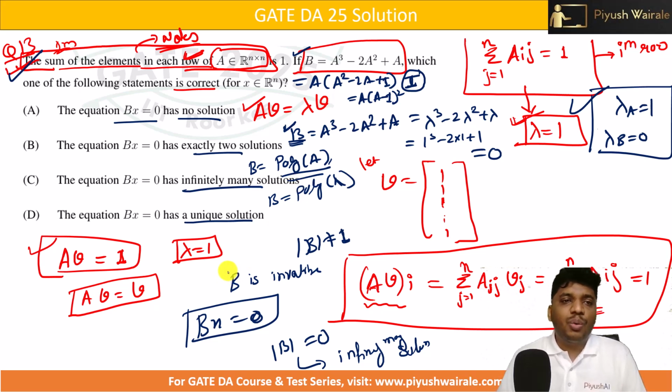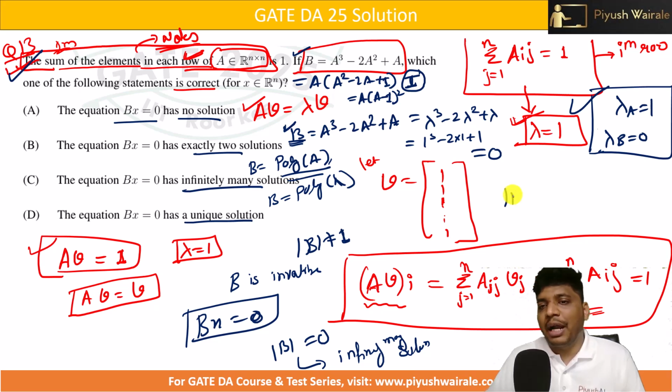Now what can we find out? Can we find the determinant of matrix B? Because then only we can say which option is correct. If you see here, one of the eigenvalues is 0. The determinant of a matrix is nothing but the product of eigenvalues.